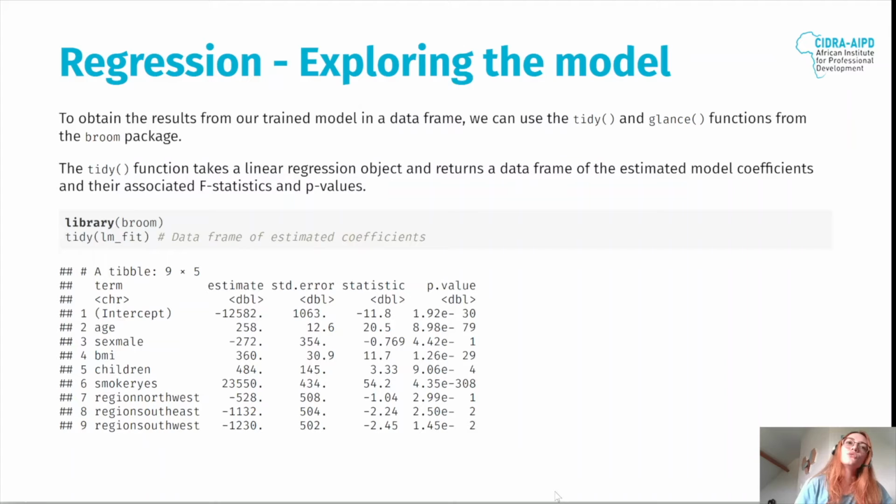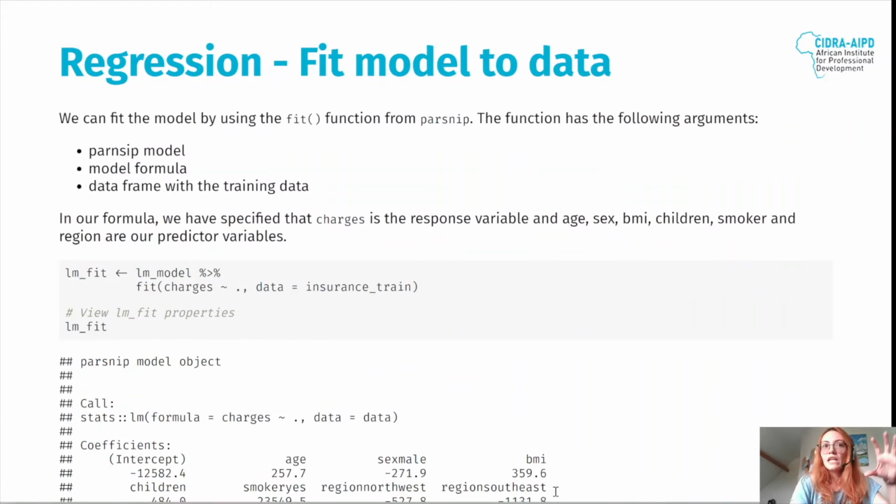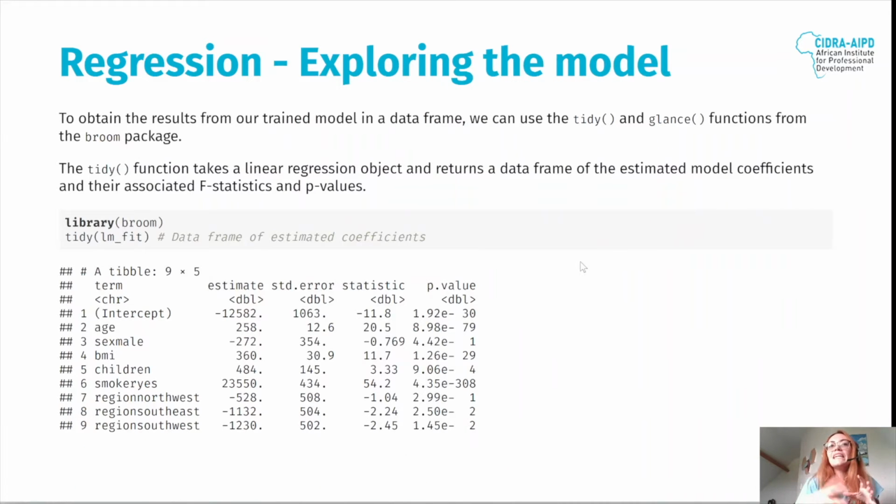So we can use the broom package. And we can use the functions tidy and glance from the broom package, because with broom they kind of clean things. So the idea is to show the same thing, the result of the model itself, that is a bunch of text, in a cleaner, easier to look at way.